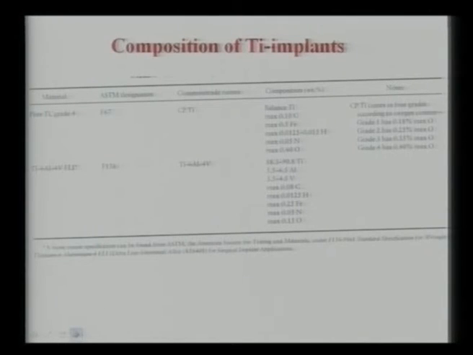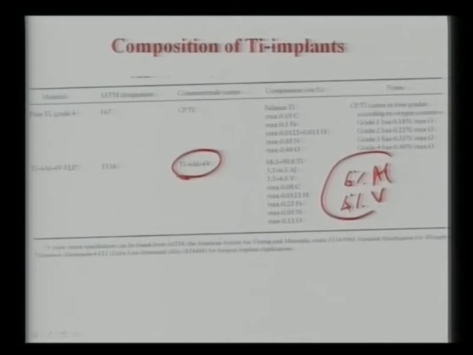Now one of the very well known grades which is widely used is titanium 6 aluminum 4 vanadium. This Ti6Al4V is widely used, and as the composition suggests, it has roughly 6% aluminum and roughly 4% vanadium, and the rest is mostly other alloying elements like carbon and so on, in very small amounts, and the rest is titanium.